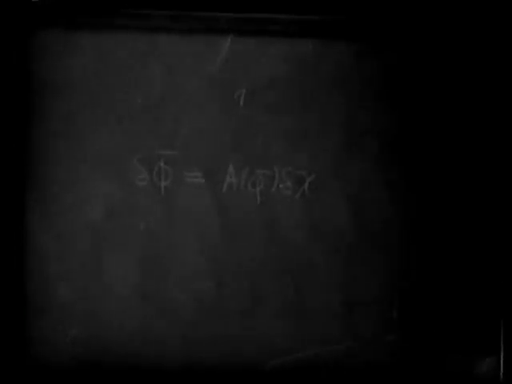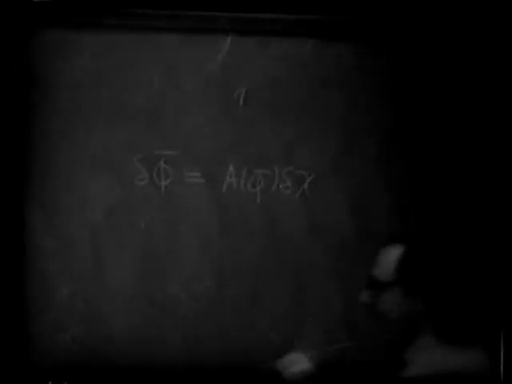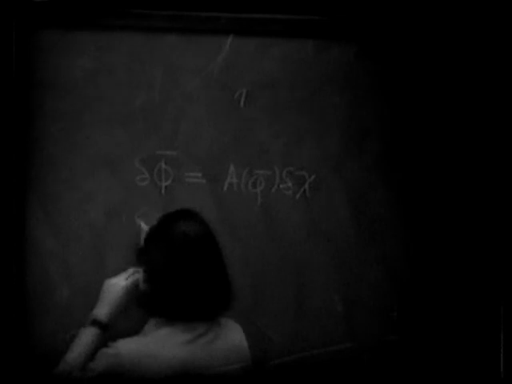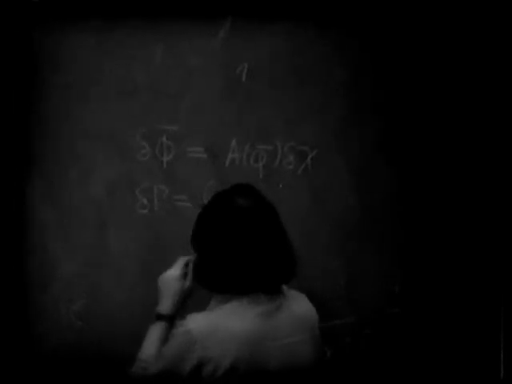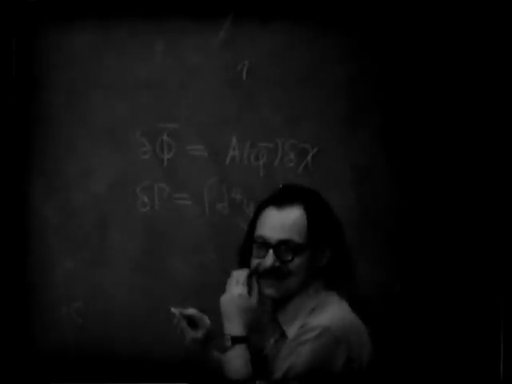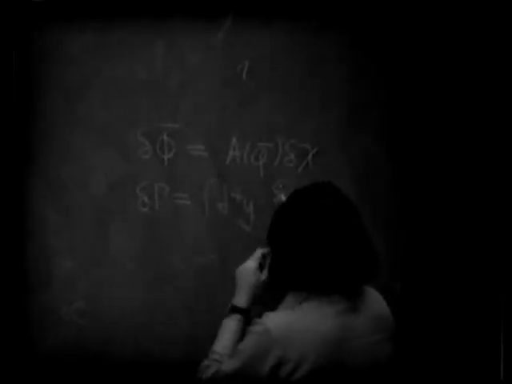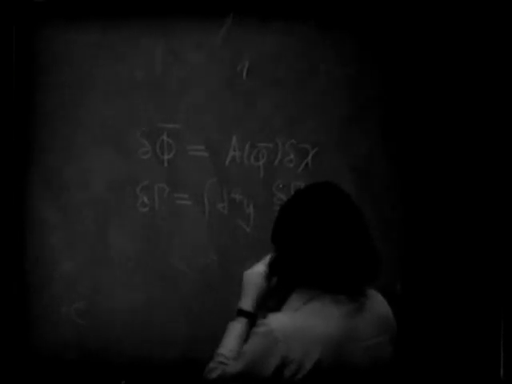All I've done is replace phi's by phi bars, A's by A bars, psi's by psi bars, all the way along the line. Then, of course, the change in gamma, which is only a functional of the phi bars, is integral d4y d gamma. This is the chain rule of differentiation.